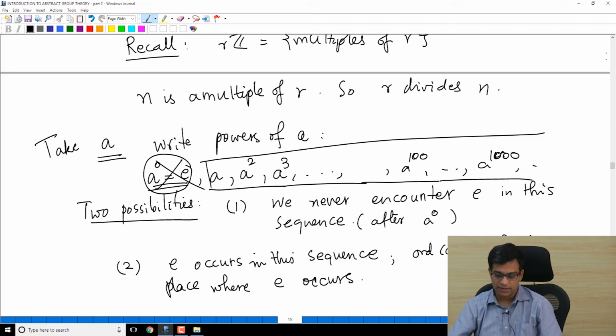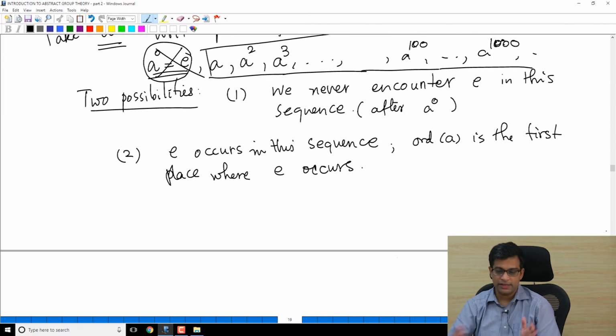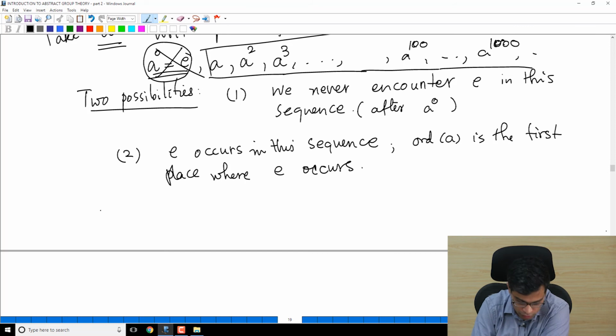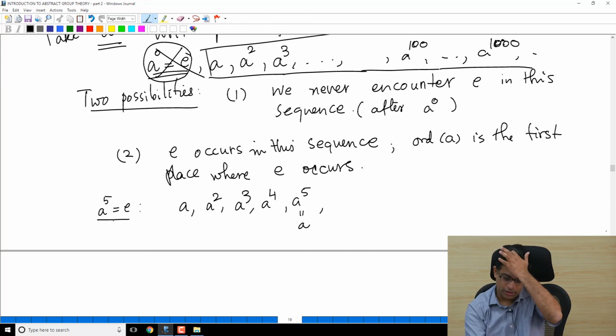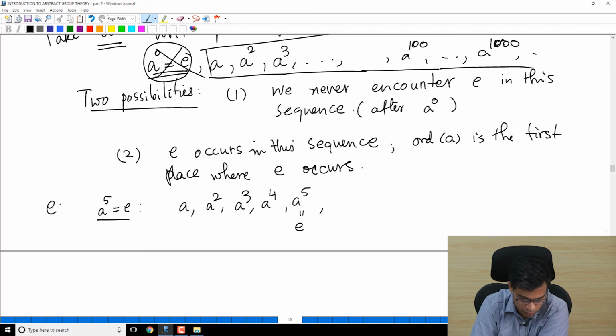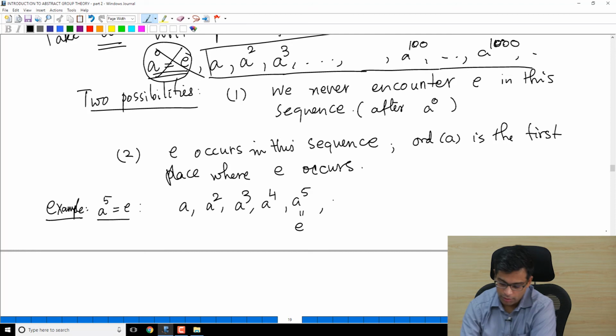And the point is, the sequence then repeats. So suppose A power 5 is identity. So the sequence is A, A squared, A cubed, A power 4, A power 5, which is E. And then what is A power 6?